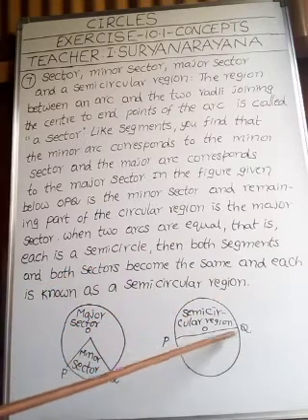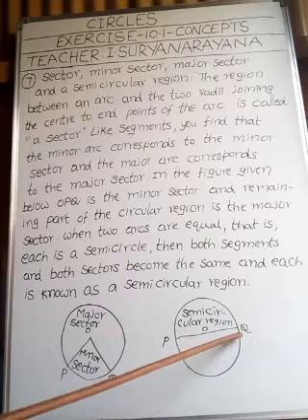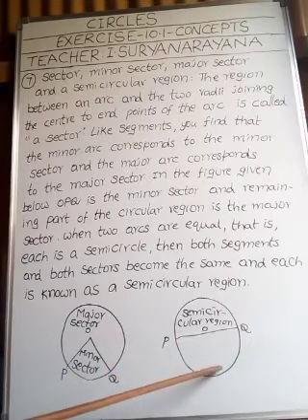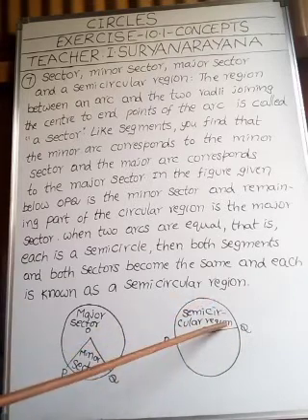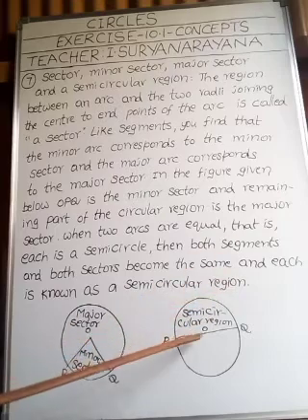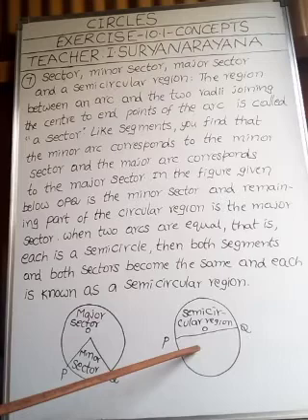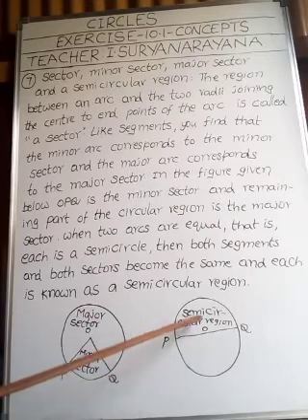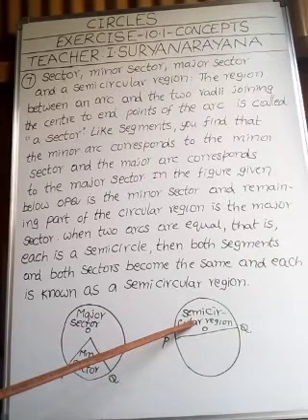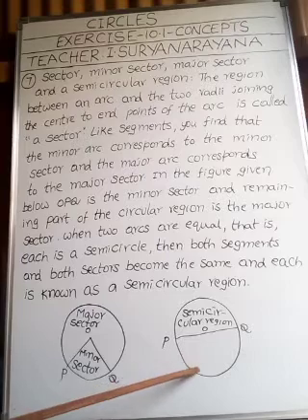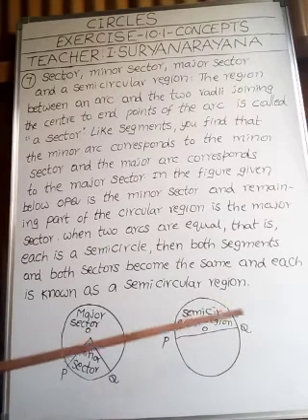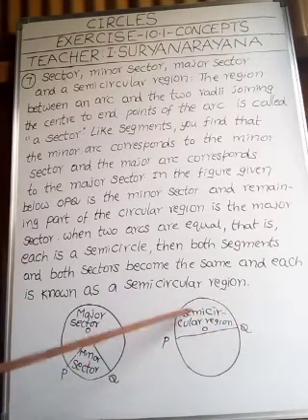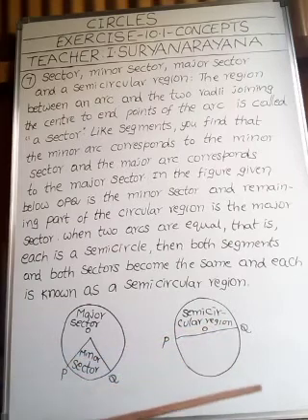See here, my dear children, PQ, this is also a sector, this is also a sector. But here both are of equal area, equal region. So this is also called a semicircular region, exactly half of this circular region. Understood this point, my dear children?